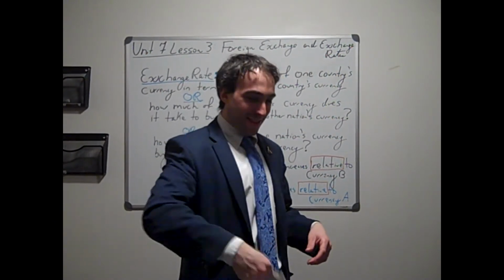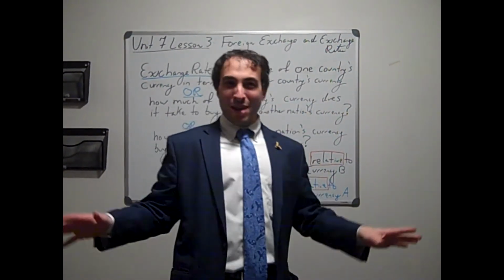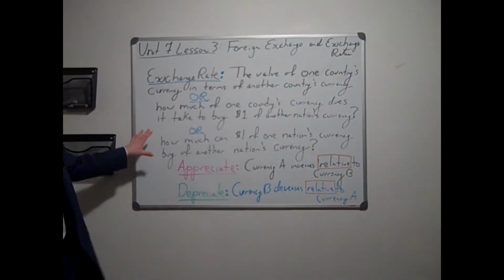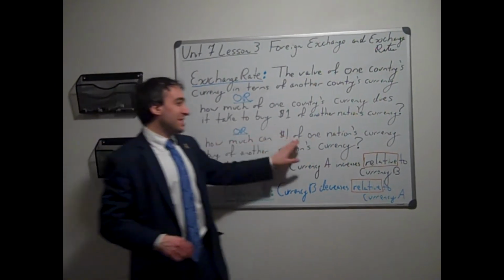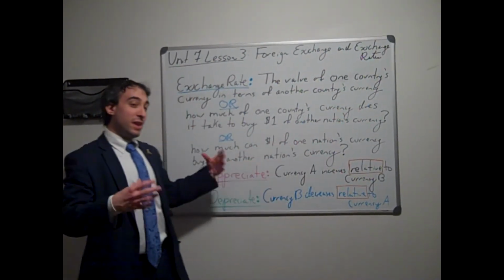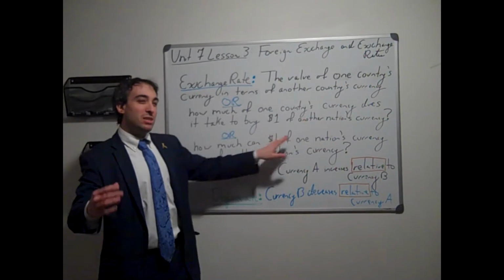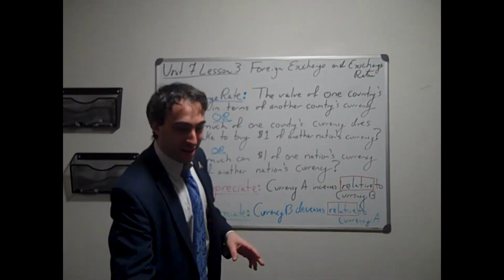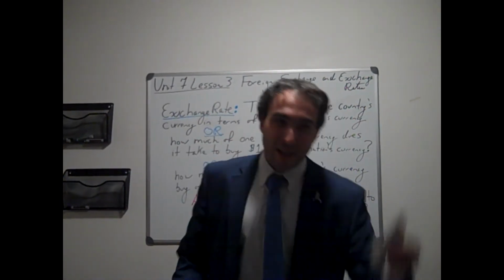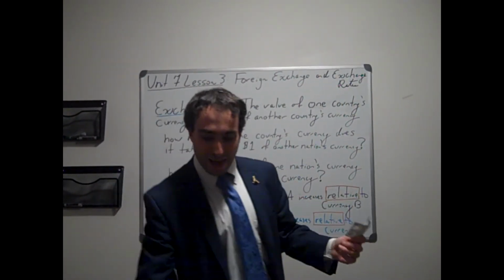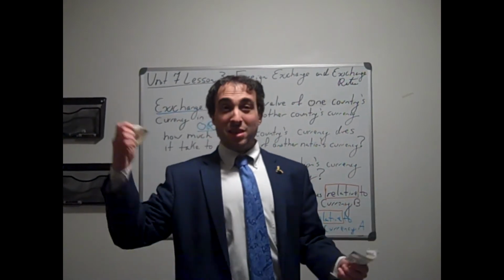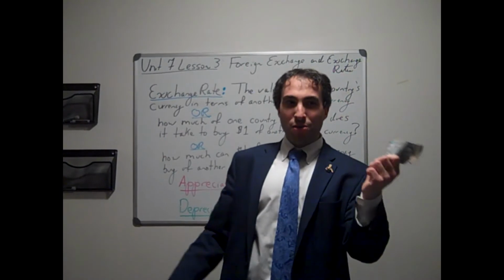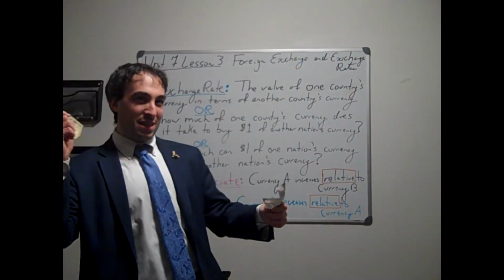That's a peso. I'm not sure how much we have on our table, Queen Cobra, but we have a lot of currency going on. So, how much can $1 buy of another nation's currency? So, if 1 American dollar can buy 20 pesos, we would say the American dollar is appreciated against the peso. Or, the peso is depreciated against the dollar.